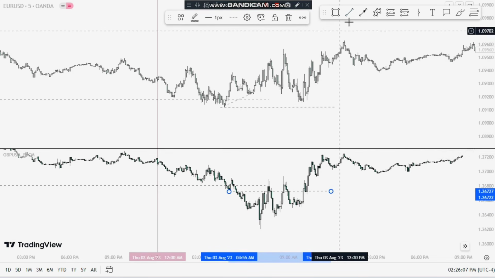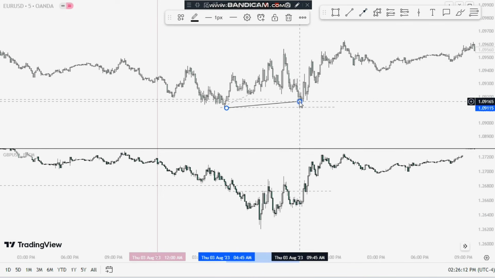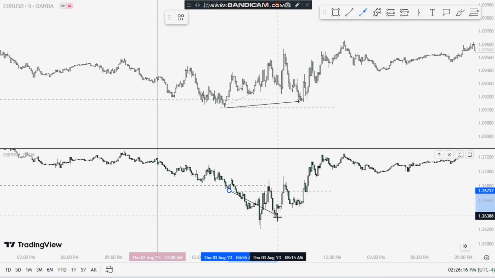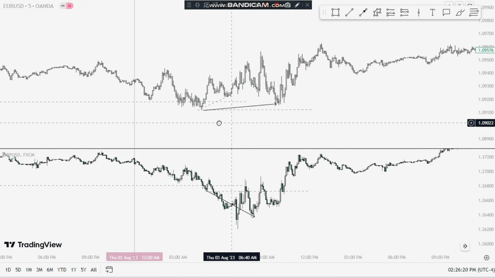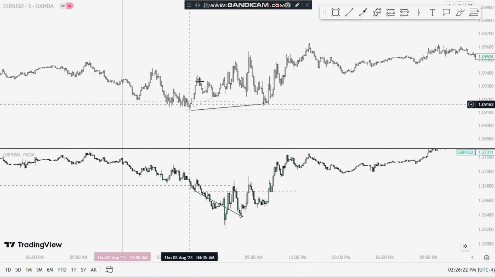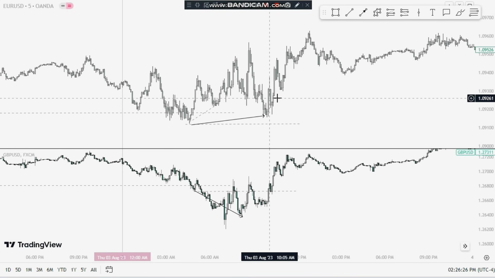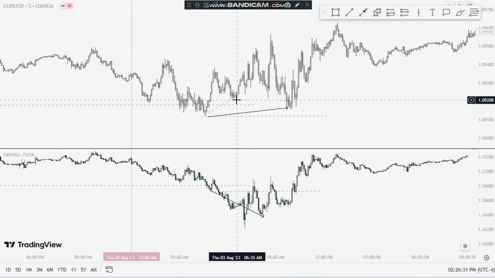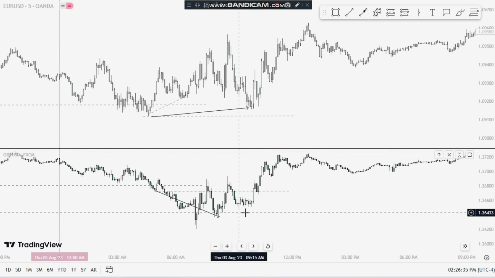So what we got? We got an SMT divergence, a bullish SMT divergence. You can see this one, okay? Now you got this sweep, you got this SMT divergence. What's the next step? The next step is AutoBlock. As I told you in the start, AutoBlock is also important and we will be using it in most of the strategies.